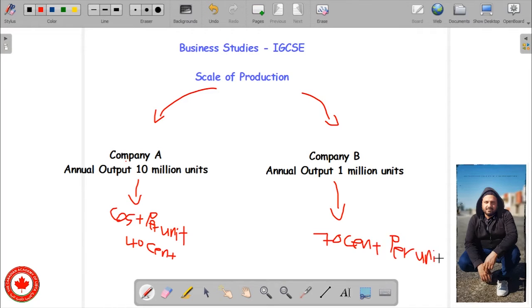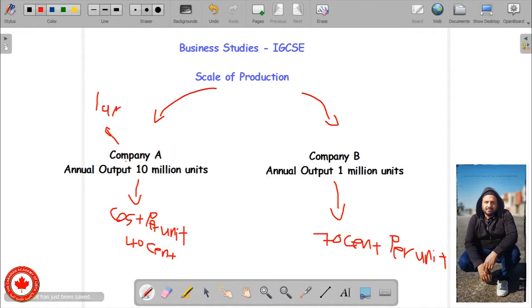The thing is that when you scale that up from 1 million to 10 million, you will notice that the company is spending less as a cost for producing the units. The reason for that, guys, is because this company is considered larger.